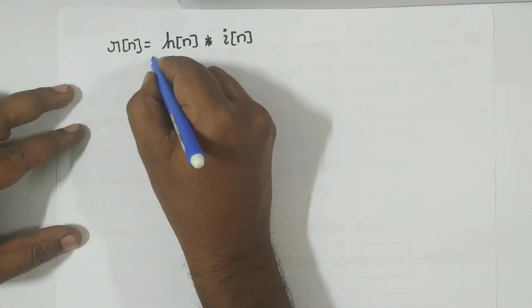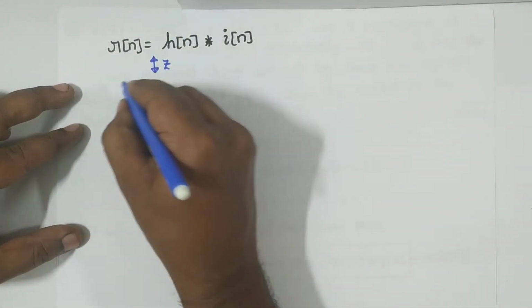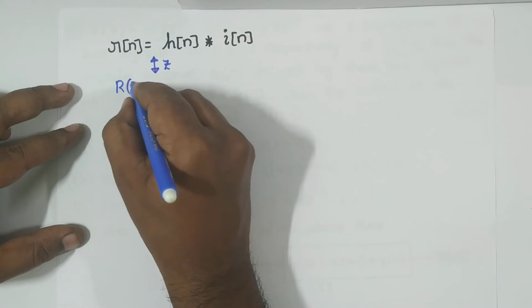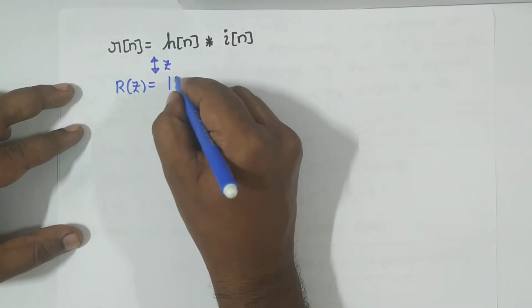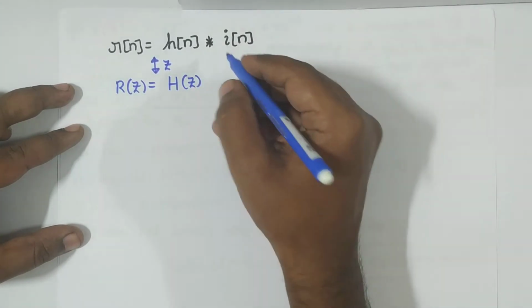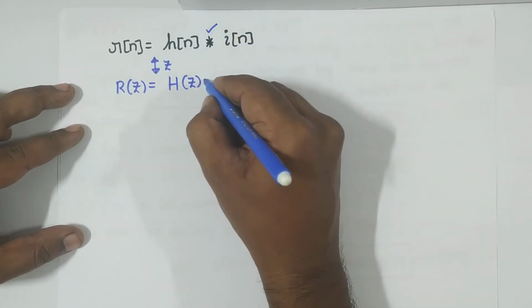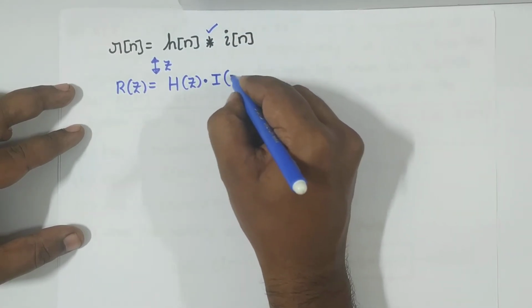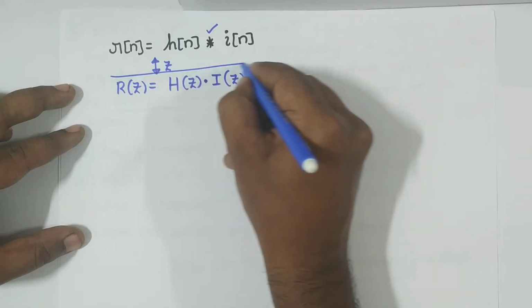Okay, so let me take my another color. So finally, if I take its Z transform, we would have R of z is equal to H of z. Now convolution in time domain becomes multiplication in Z domain, so I of z. So fix this first.